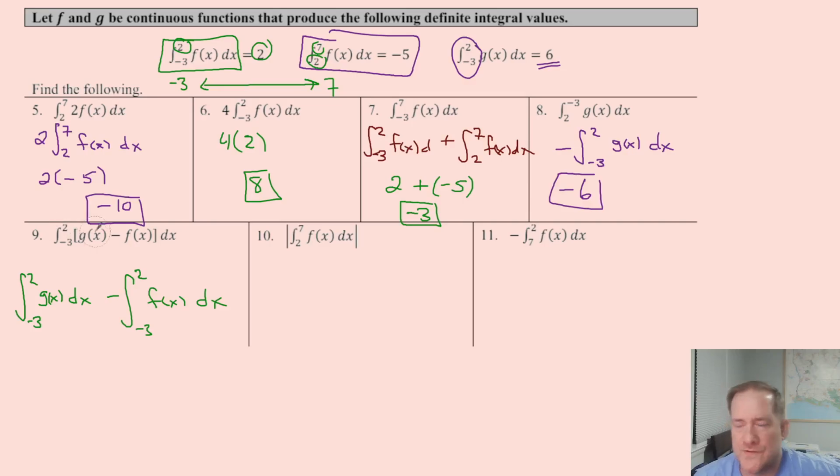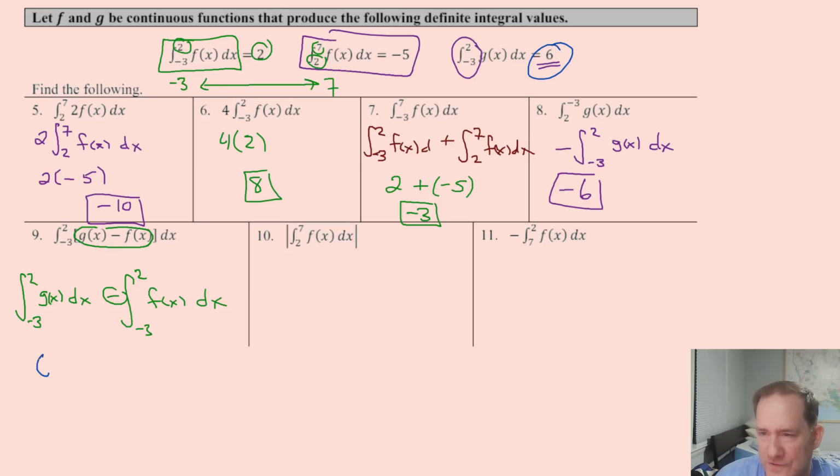And now we know that since up here the function was defined to be g minus f, down here we would want to subtract the integrals, but this will still give the same area. So g from -3 to 2, that's over here, that's the guy who's worth 6. And -3 to 2 on f of x is this one worth 2. And 6 minus 2 is 4.